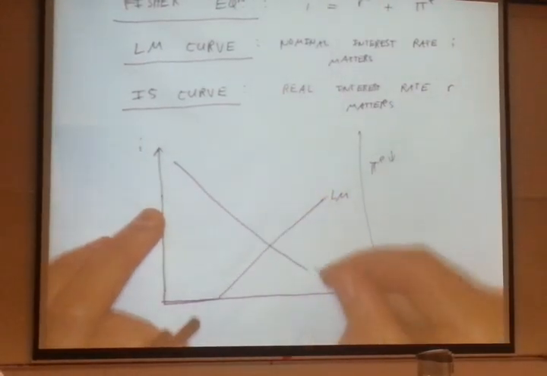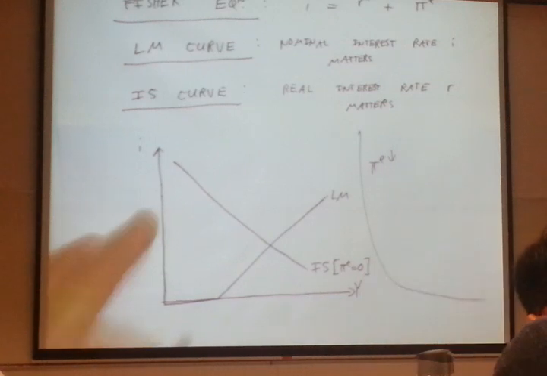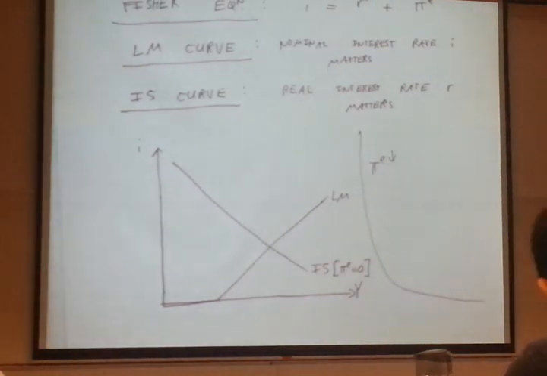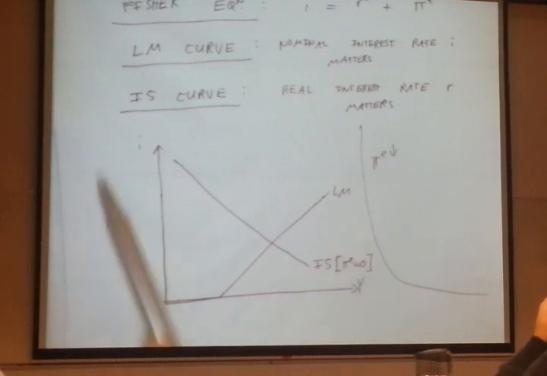We could also, in this diagram, draw the IS curve without any modification if it so happened that no inflation was either expected, there was no inflation expected and there was no deflation expected either. That's actually what we usually assume, of course, when drawing both IS and LM on the same set of axes.